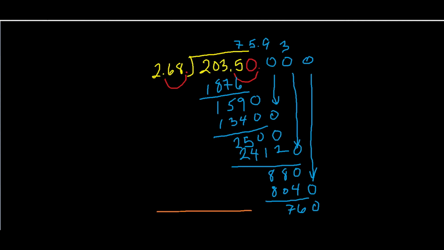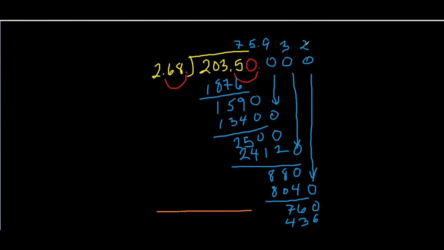Say if it was a 2, 2 times 8 is 16. 2 times 6 is 12, and another one is 13. 2 times 2 is 4 and 5. I don't think another 268 would go in there. So it would probably be a 2.